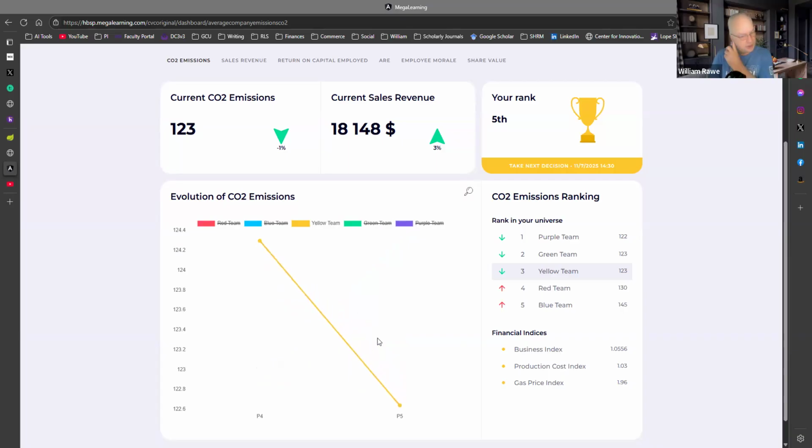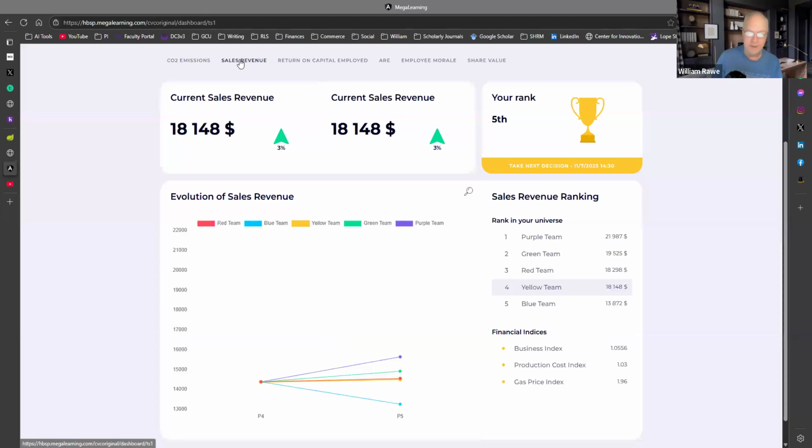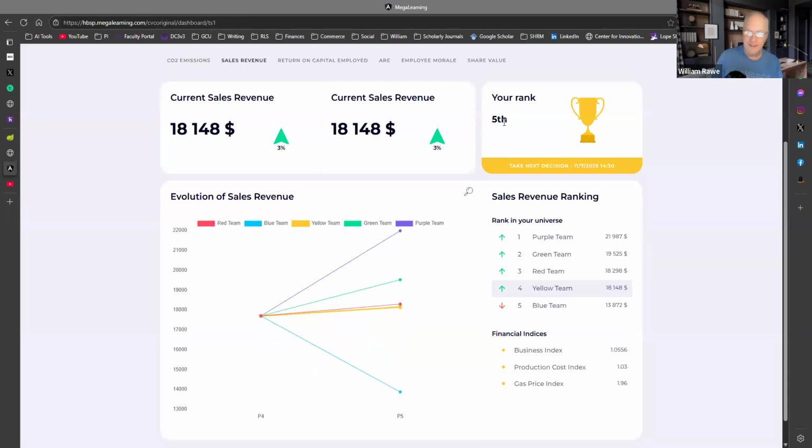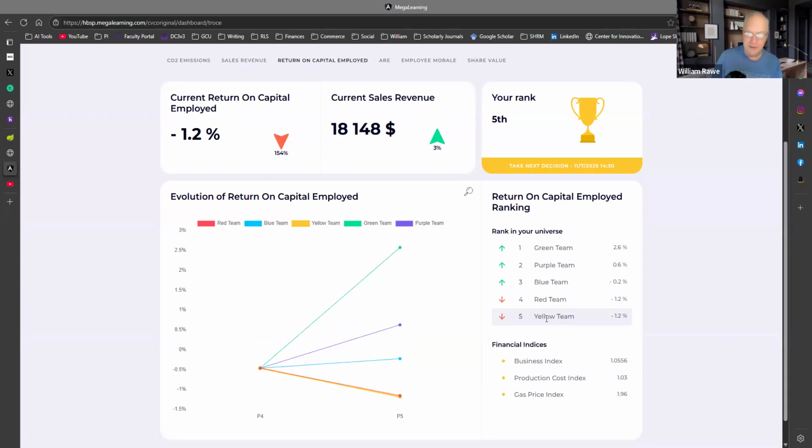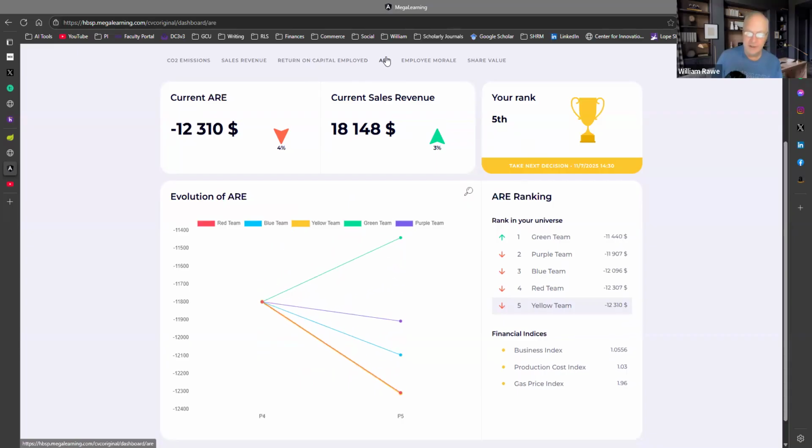So right here, I'm seeing just yellow team. So yellow team right now is ranked at 3rd, 123 CO2. Sales revenue, we're ranked at 5th in sales revenue. Return on capital employed, 5th. ARE, accumulated retained earnings, we're 5th.